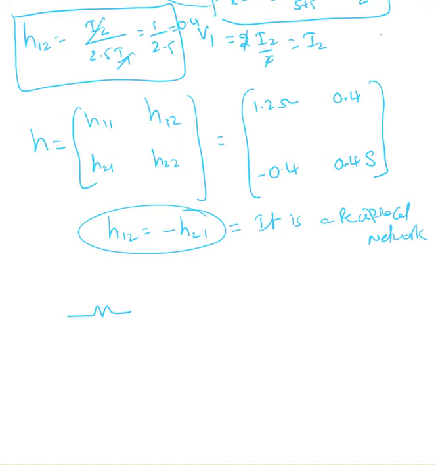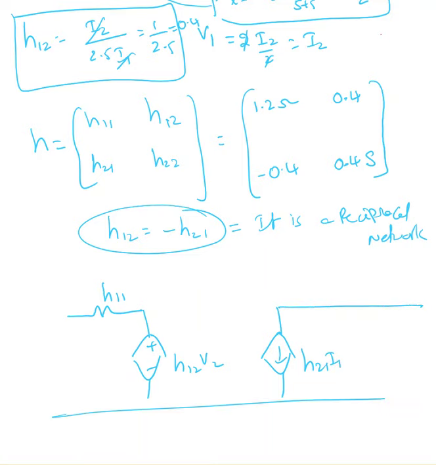The equivalent circuit has h11, h12 V2, which is a voltage dependent voltage source, h21 I1, and h22.